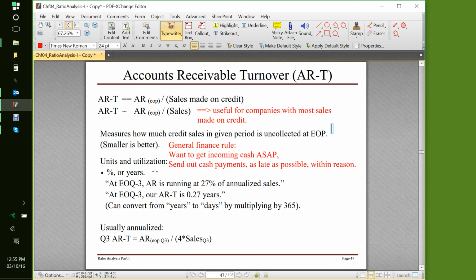So back to the accounts receivable turnover ratio, folks would usually talk about it in this kind of context. At the end of quarter three, our accounts receivable is running at 27% of annualized sales, or at end of quarter three, our accounts receivable turnover is 0.27 years. Some folks will also want to use days instead of years. Very easy to do. We just change our units from years to days by multiplying by 365.